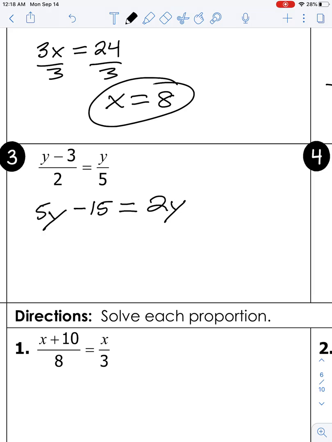Now, this is the part where some students would maybe get confused because they would think that they add the 15 over. Well, you cannot add the 15 over to the 2y. So what you actually have to do on this one, because it's a y over here, is subtract the 5y.